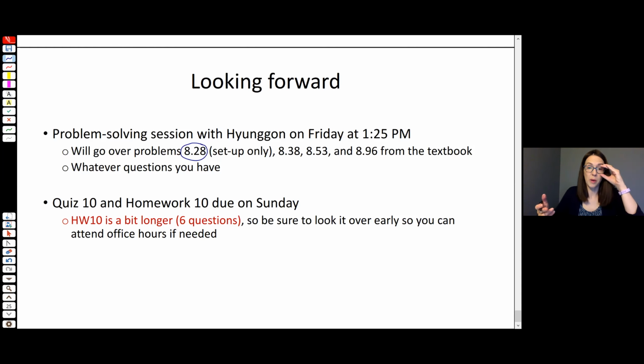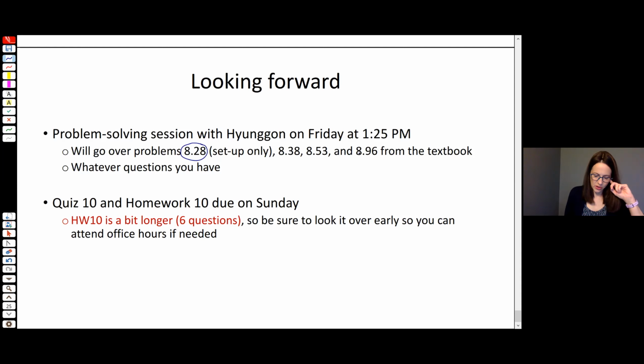He's not going to solve the whole problem, but he will help set it up. And then he'll solve these other 3 problems, which are similar and deal with a lot of the same concepts as your homework. These problems are long, so I don't know if he's going to be able to get through all 4 of these. So let him know, take a look at your homework early and let him know which ones you're most interested in.